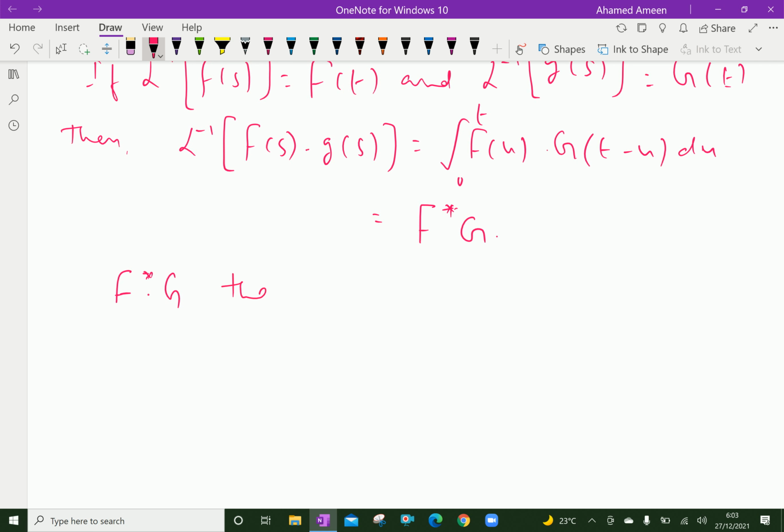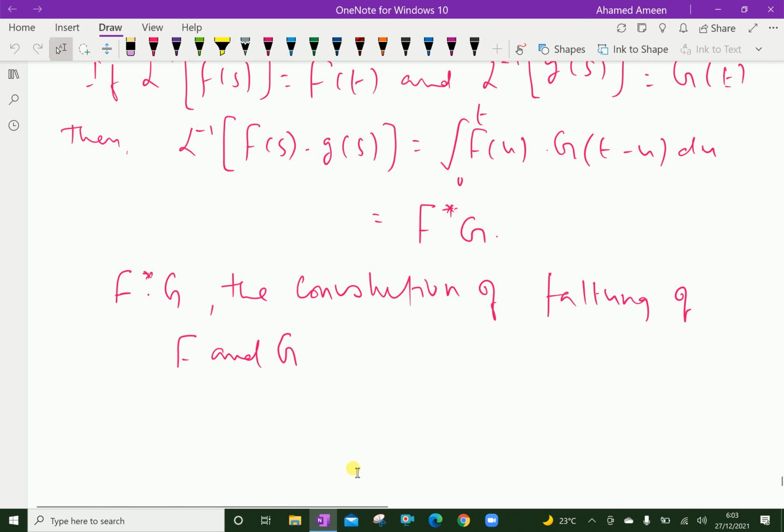This theorem is called the convolution theorem or property.